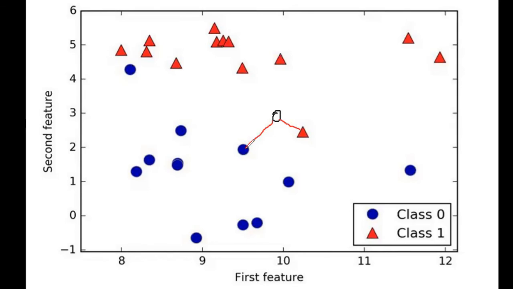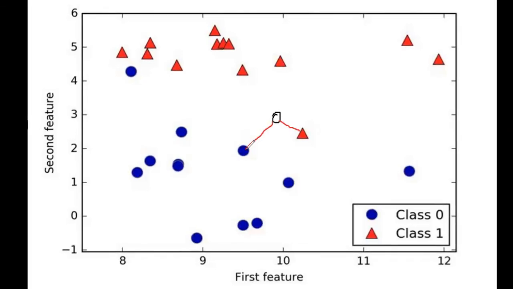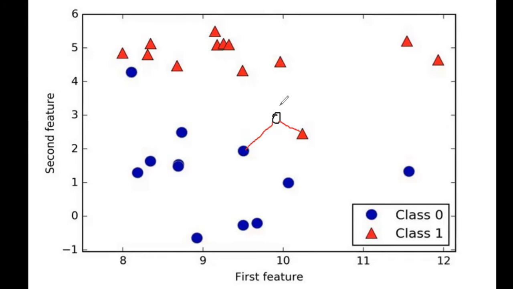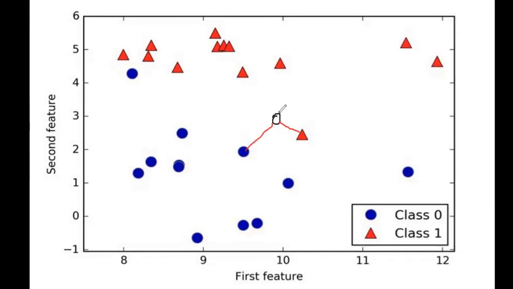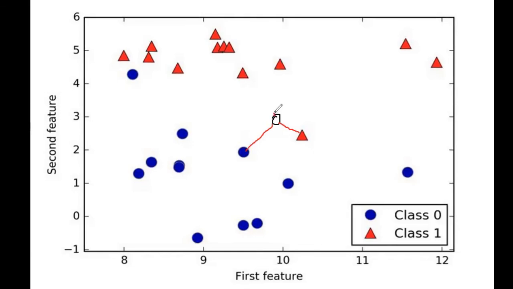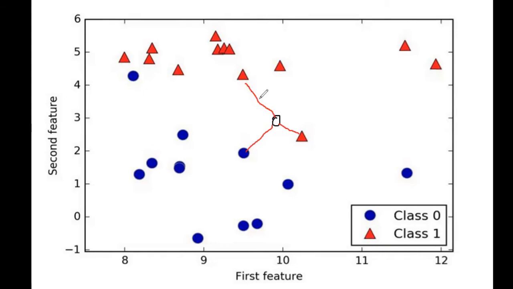This is my thinking. I am not calculating the exact distances, or I am not having any measurement instrument here in my hand. But okay, let's do this. The third neighbor, what I think is, okay, this looks like the third neighbor.